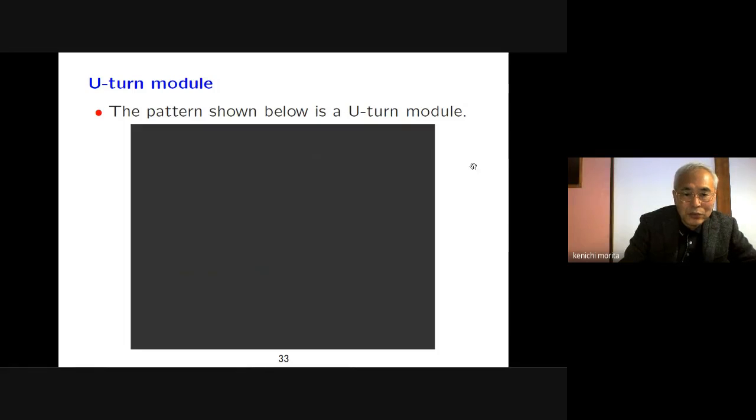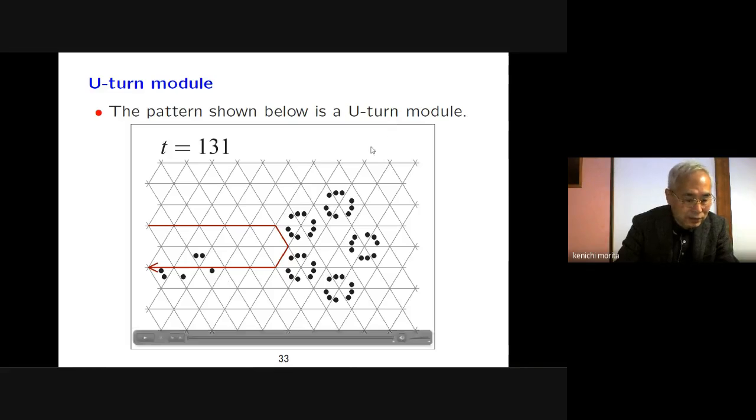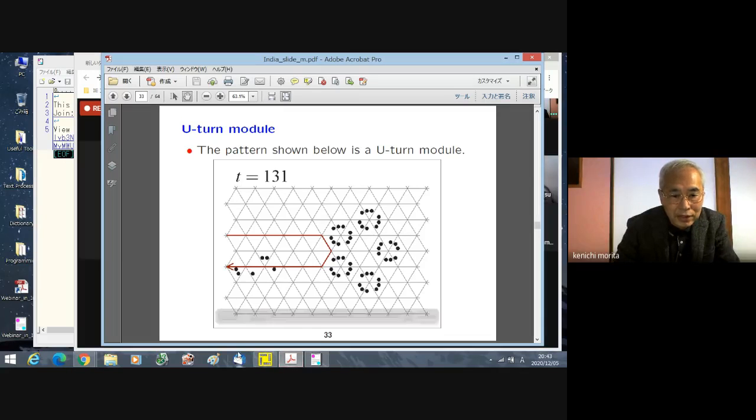This is a U-turn module. Anyway, by these modules, trajectory and timing of a glider, namely signal, is adjusted.